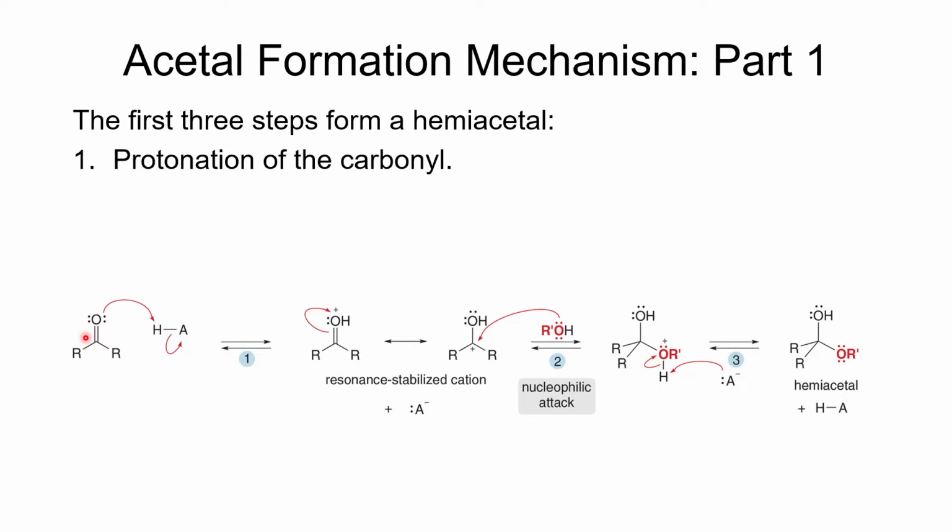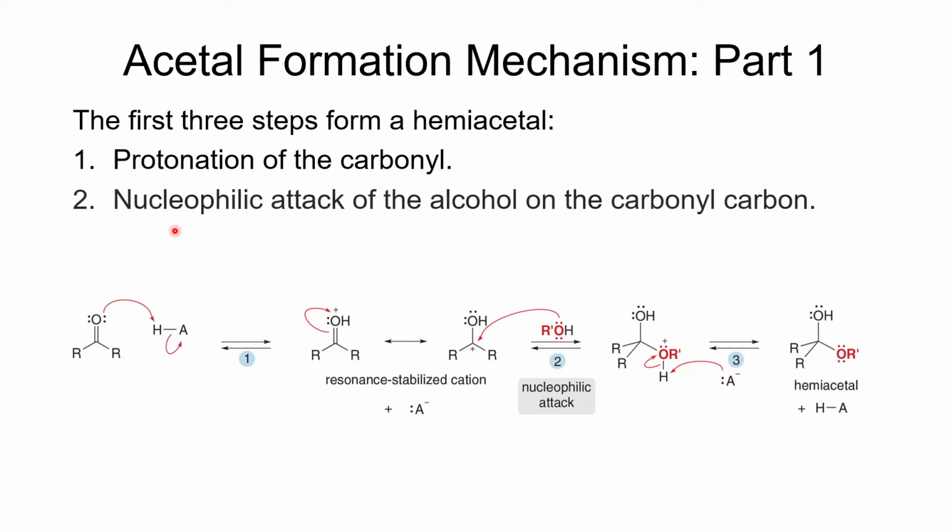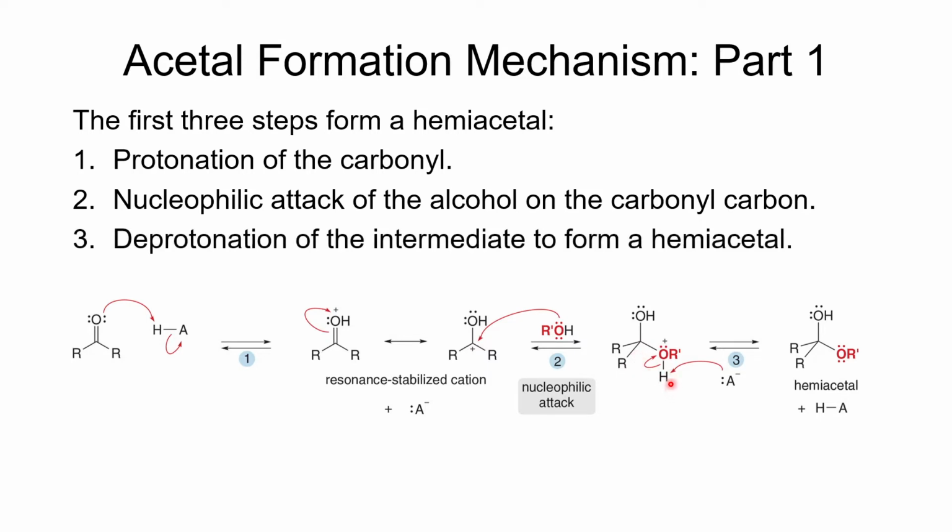If you have an acid catalyst, this is always the first step, is protonation of something. You will get a resonance stabilized carbocation that makes the carbon more electrophilic and makes the nucleophilic attack more possible. So your alcohol, which is not a strong nucleophile, will come in and react with that, and we will get this as an intermediate. We then just have to deprotonate that, and we have our hemiacetal. So that is how we form the hemiacetal.